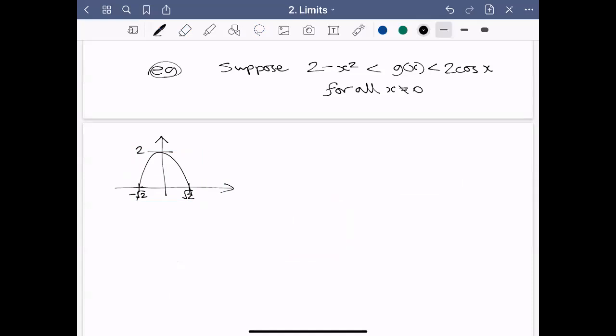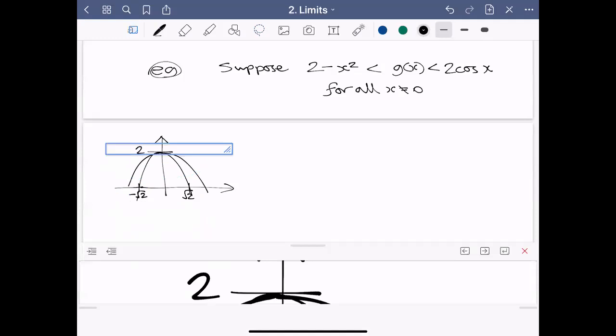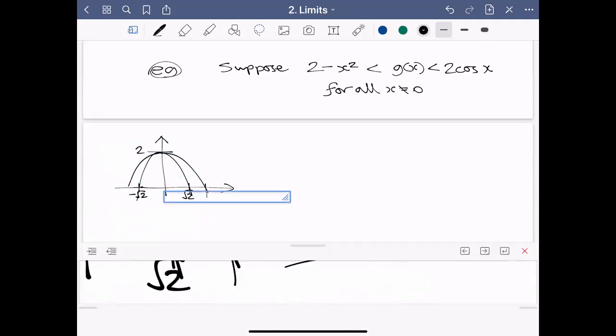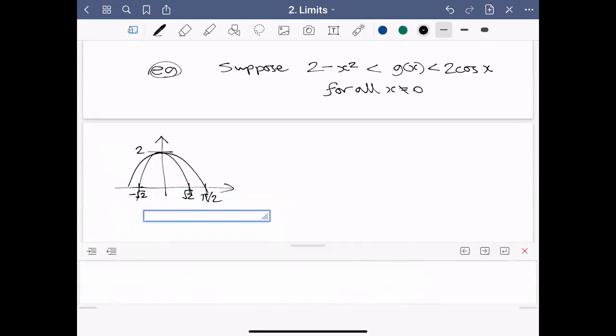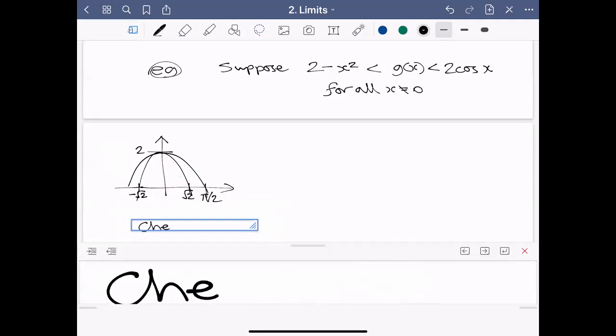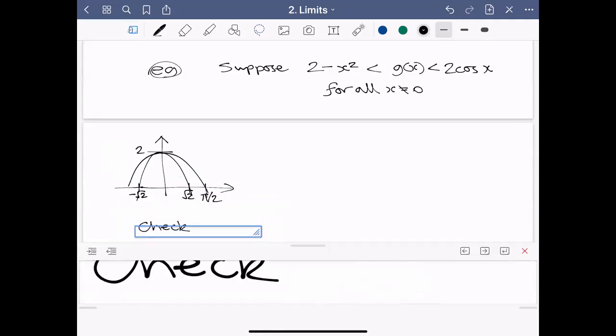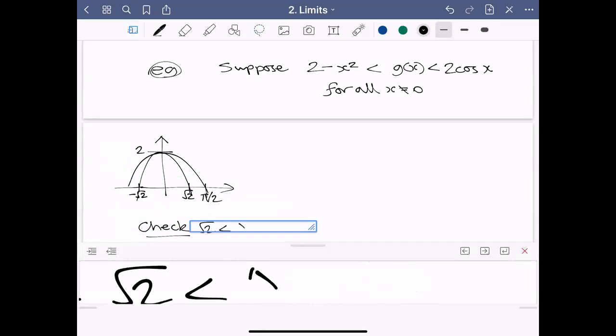Well, remember that graph has x-intercept pi over 2, and how do I know that the square root of 2 is less than pi over 2?